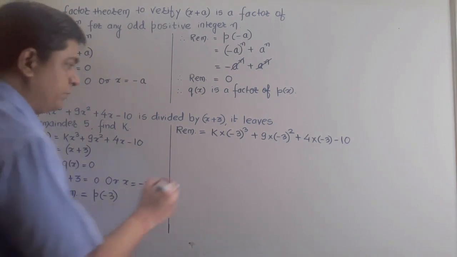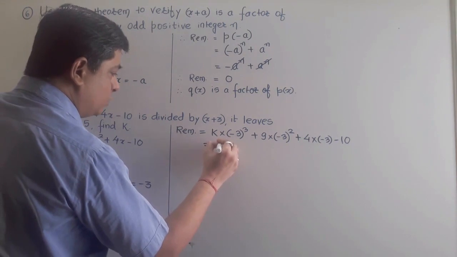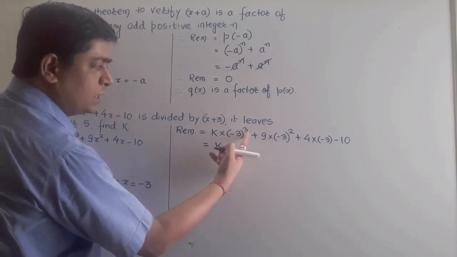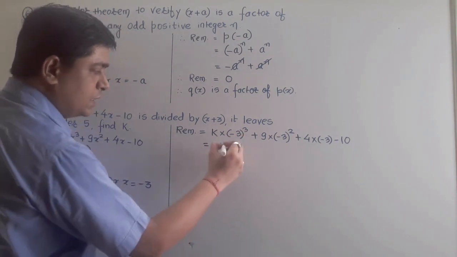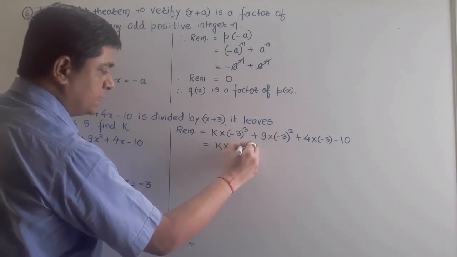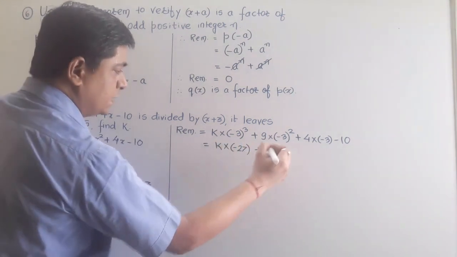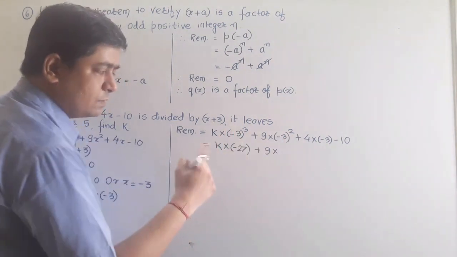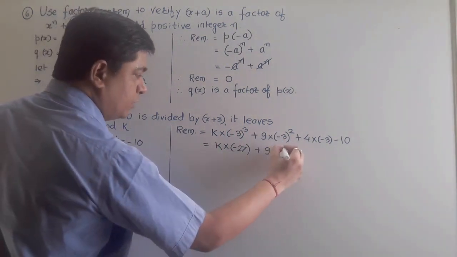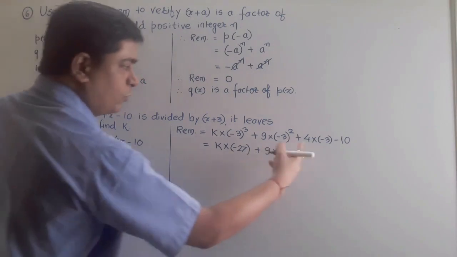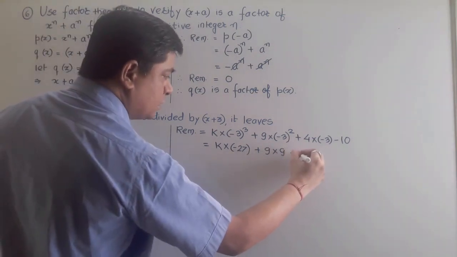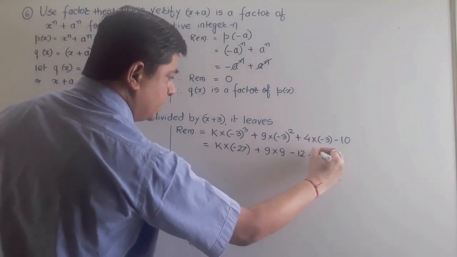Now let us simplify. So k into minus of 3, the minus sign is coming under the odd power, so the minus sign will remain. So this will become minus 27 plus 9 into, now here the minus sign is coming under the even power, so the minus sign is eliminated, and square of 3 will be equal to 9. 4 into minus of 3 will become minus of 12, minus of 10.